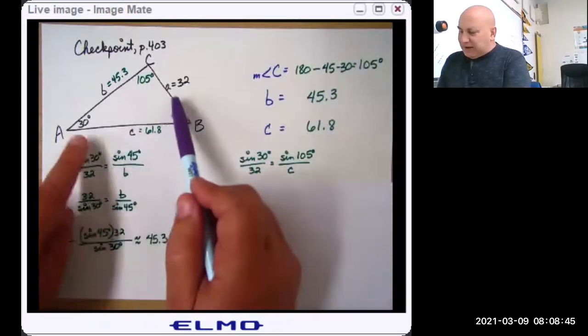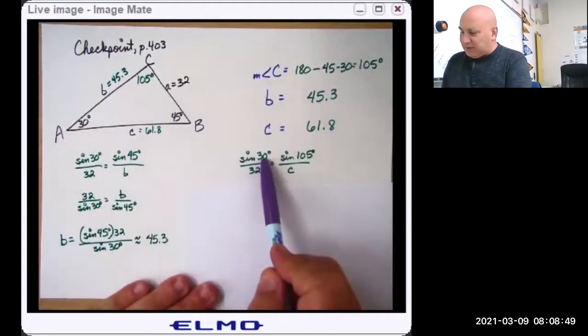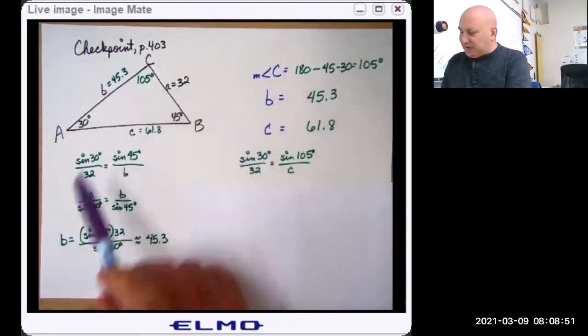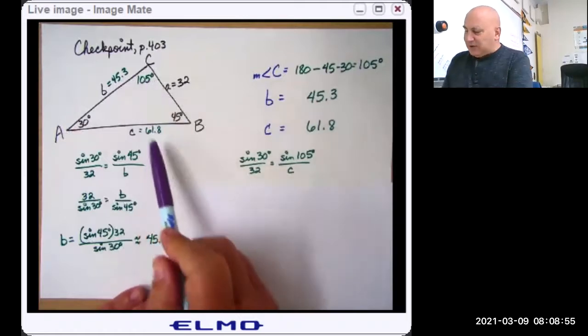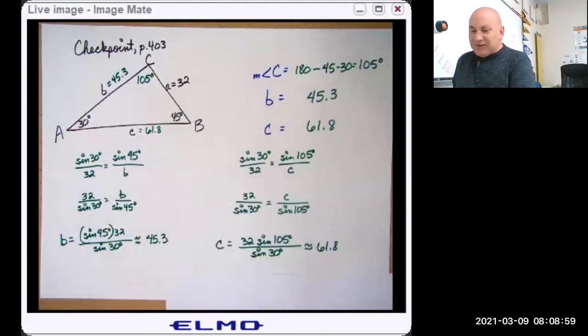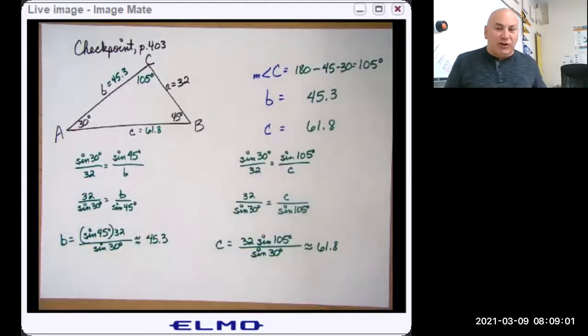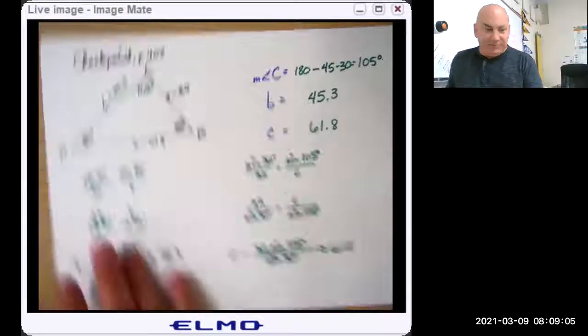So I stuck with the exact values I know. I know 30 degrees, I know 32 exactly, I know 105 exactly. So then I just solve for side c, where I get 61.8 units. So now this triangle is completely solved.